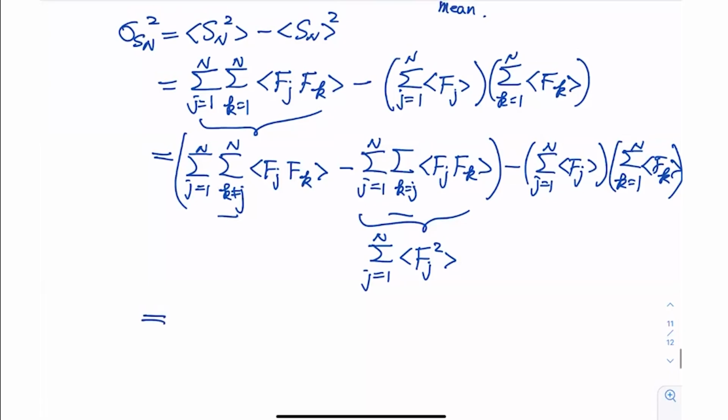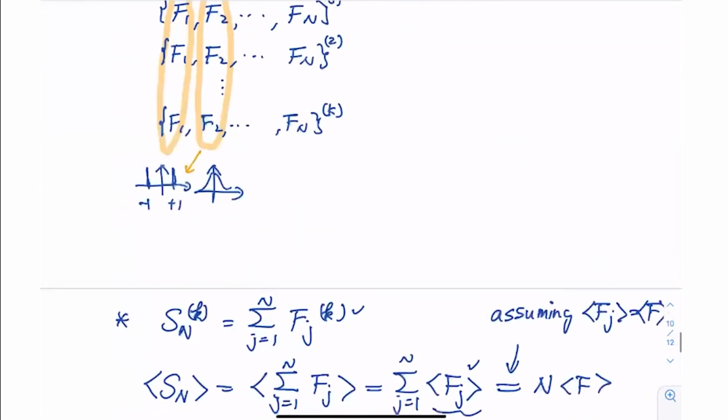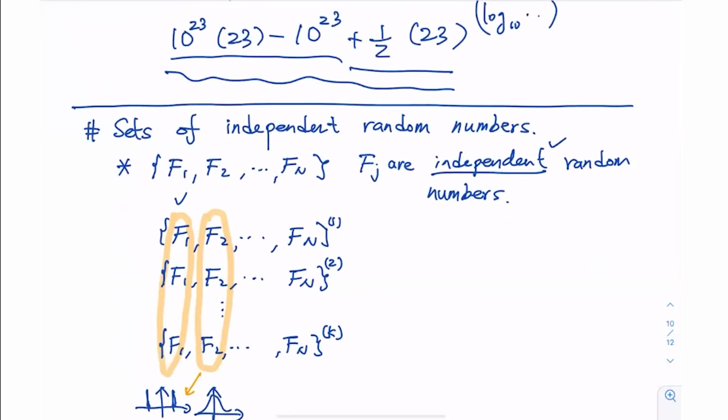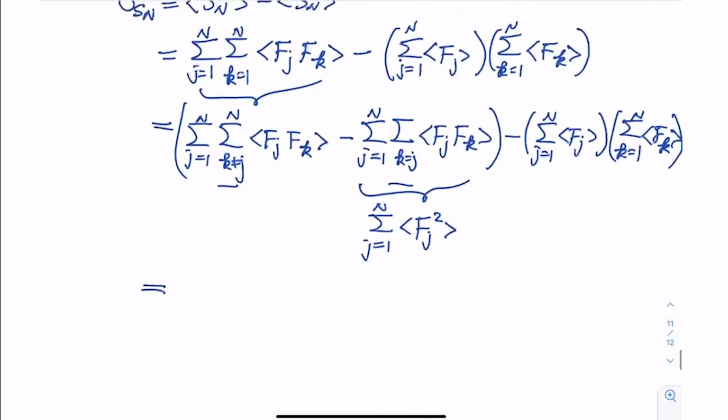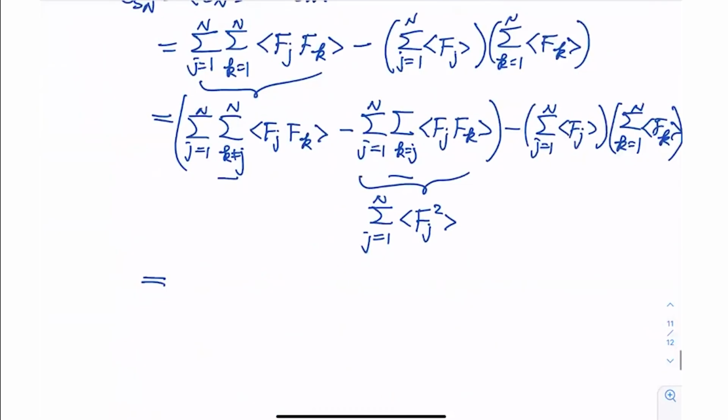Now we are going to use the fact that we assume these fj's are independent. When we say it is independent, it just means that these pairs can be written like this. Let me write another line so that we know what's going on.